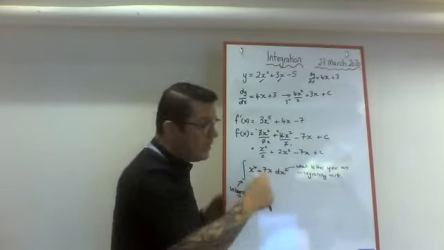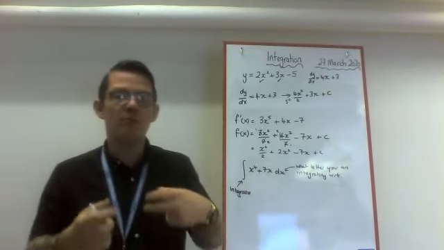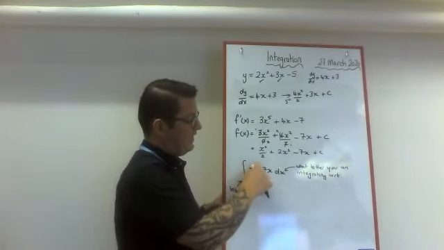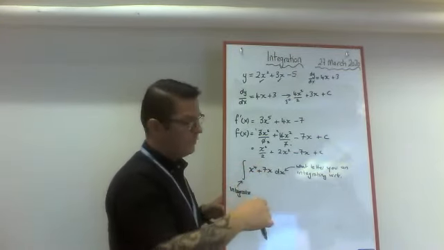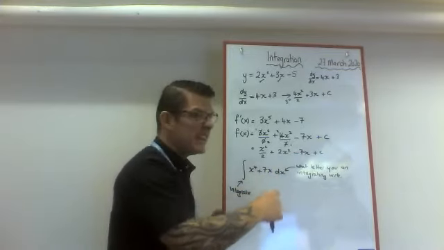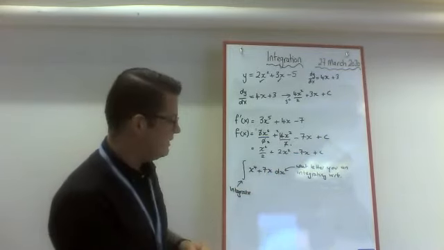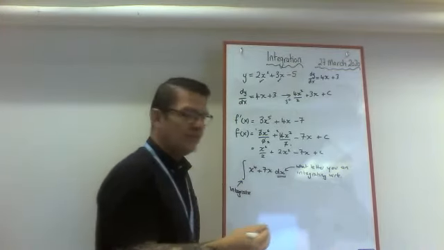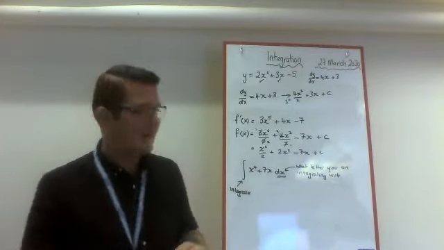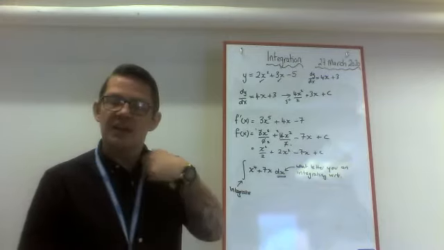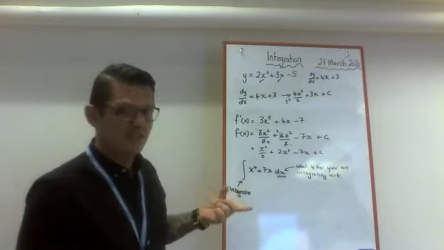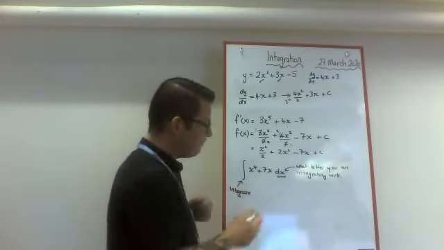Now, at the moment, this won't mean too much for you, but I could put any letters in here. I could put v to the 4 plus 7v, as you'll see with a couple of examples, dv. So it's the v's that I want to integrate. Here, this dx bit that we put on the end is just telling me what letter I am integrating. And this elongated s tells me that I am integrating. That's kind of the key bit.